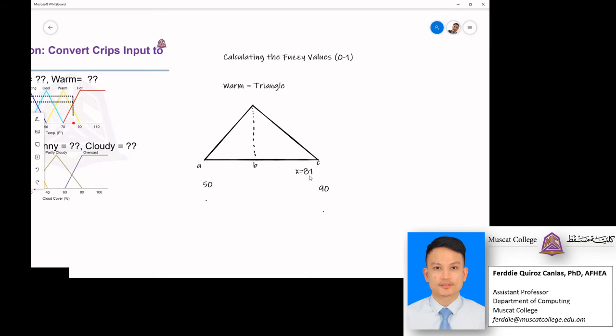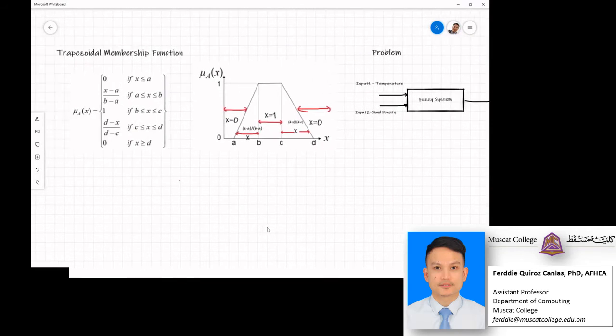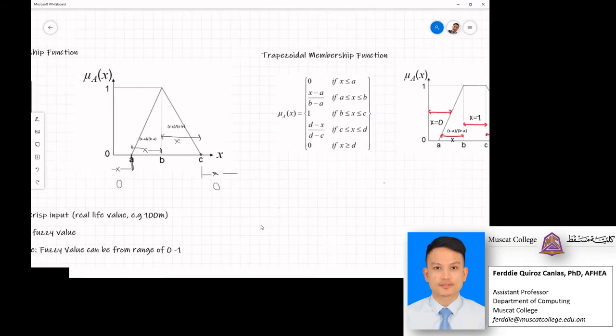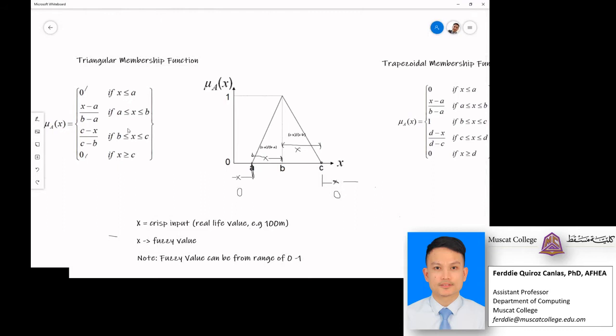Please check this one out. 81 is in which position? 81 is between B and C, right? Correct? Based on the formula that we discussed last meeting, 81 is here, between B and C. Therefore, which one are we going to use? This one, right?